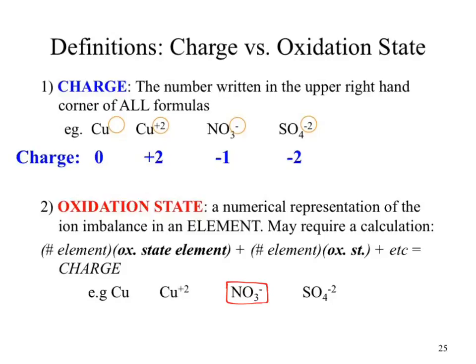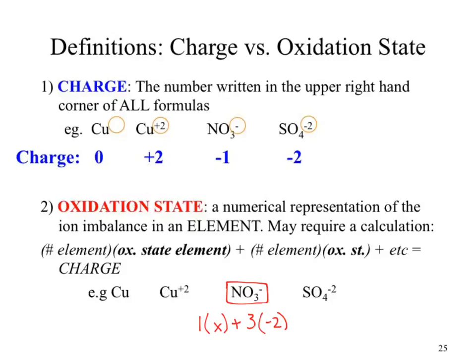For those of you a little bit panicked on this, how many nitrogens are there in that compound? What is its oxidation number? Careful, don't solve it. We don't know. Plus, what's the next element? Oxygen. How many oxygens are there? What is the oxidation number for oxygen? -2. How do we know it's -2?